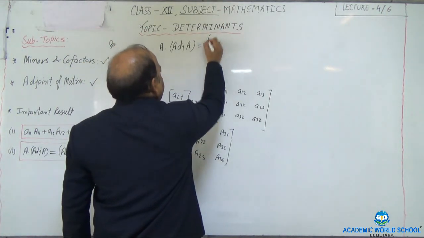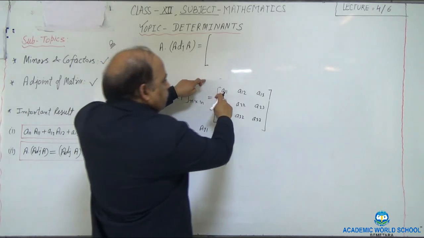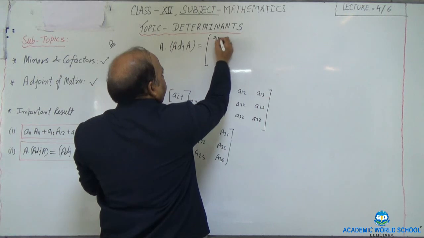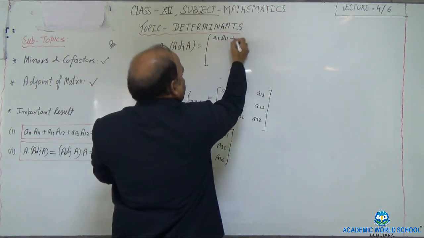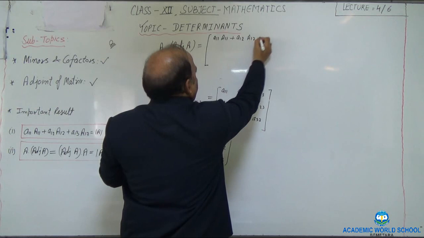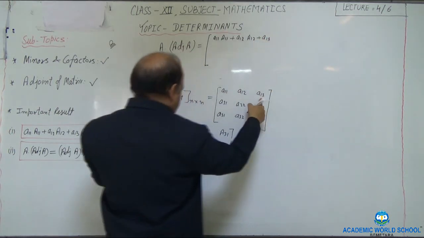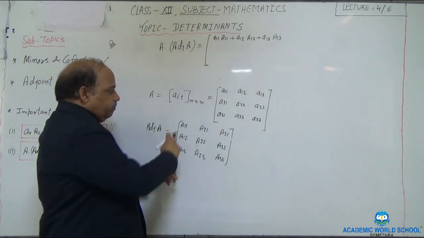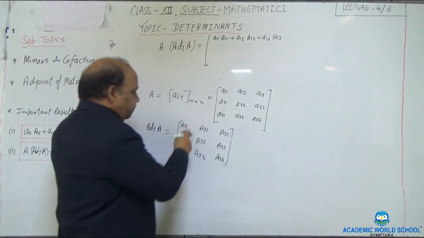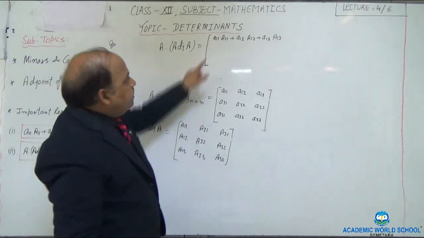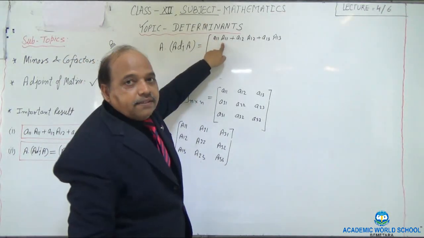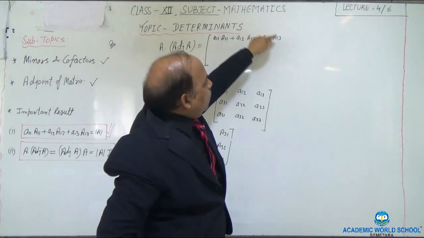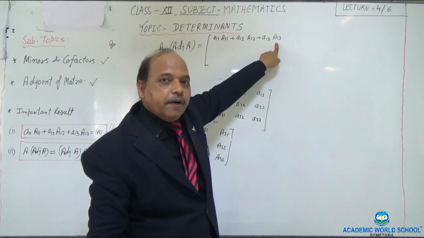When I am multiplying, this row by this column: A11 times A11 plus A12 times A12 plus A13 times A13. I have multiplied the first row by the first column. Check it: A11 with the cofactor of the same element, A12 with its cofactor, A13 with its cofactor.